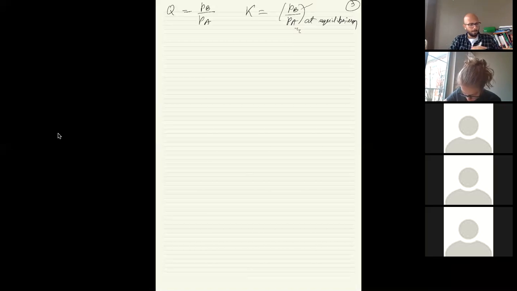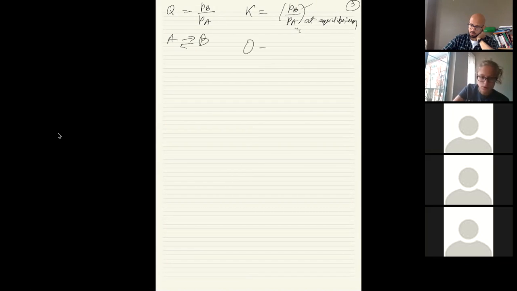And we can write this down for a general reaction. We looked at A going to B. Let's write down a very, very general reaction. The most general way of writing a reaction is to write it as 0 equal to the sum over species J multiplied by their stoichiometric coefficients nu J. This is a general reaction. What do I mean by this?